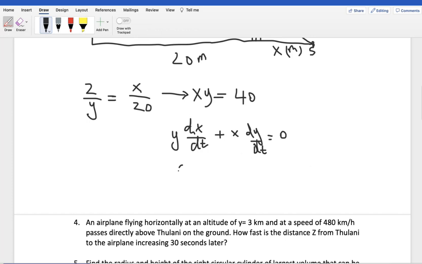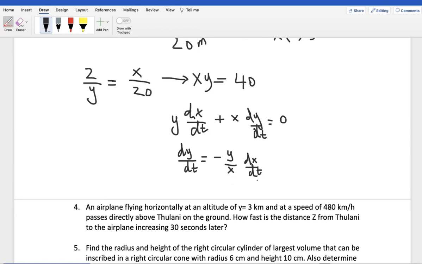So from this equation, if you solve for dy dt, which is the change in the shadow over time, it is equal to negative y over x multiplied by dx over dt. Now that you have that, you can go back to the original question. So let's just make some room here.